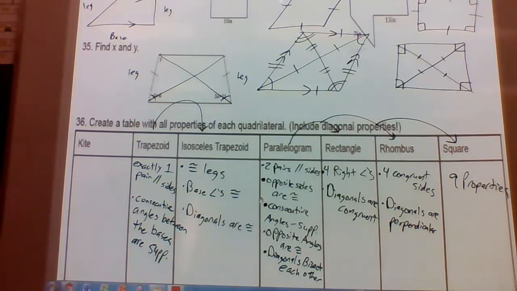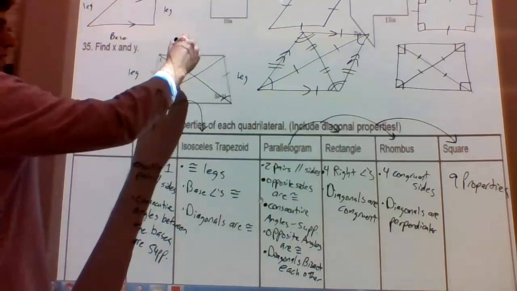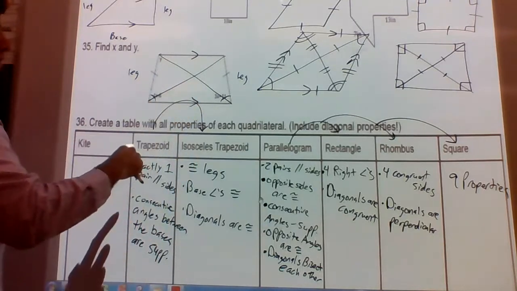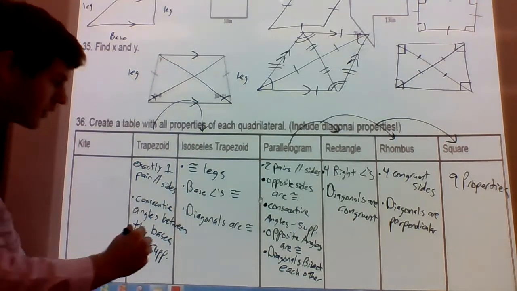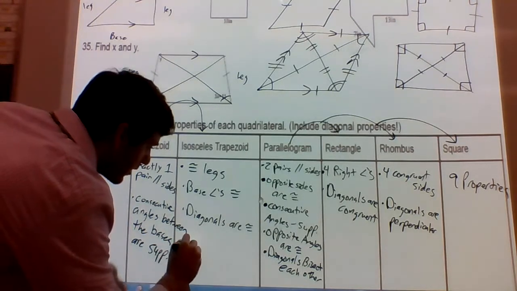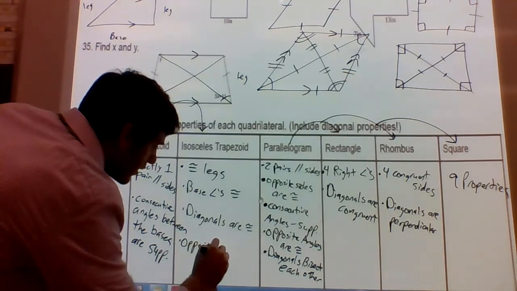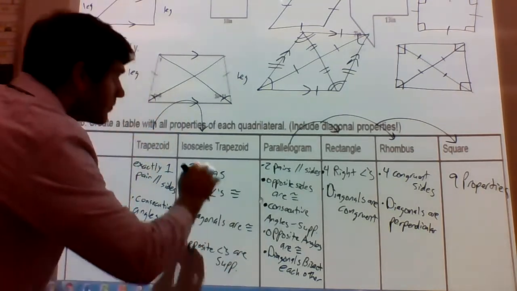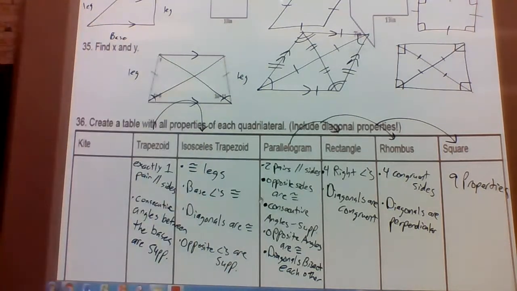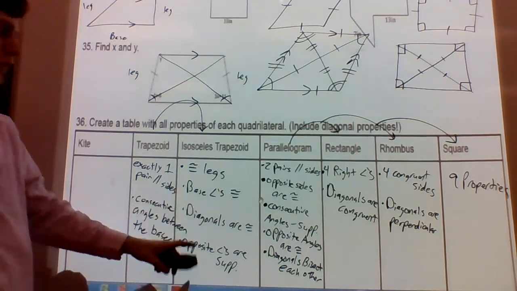Are we missing one? Opposite angles are supplementary. That's because the base angles are congruent.